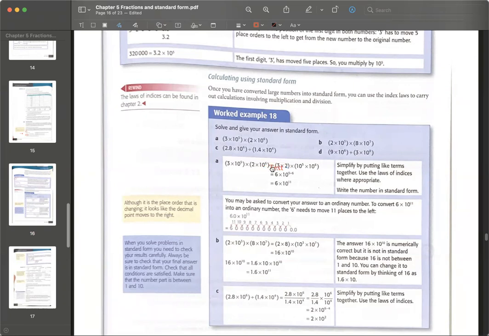You cannot do that because technically what happens here is 3 times 10 times 10 times 10 times 10 times 10, 5 tens, is multiplied by 2 times 10 times 10 times 10 times 10 times 10 times 10.